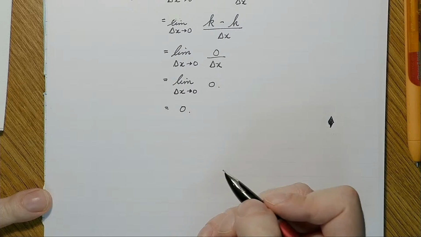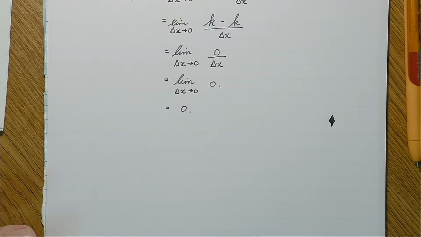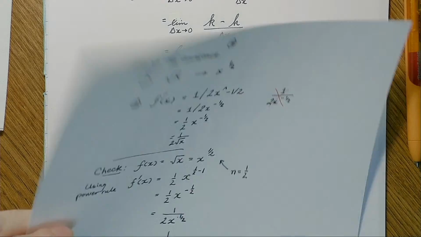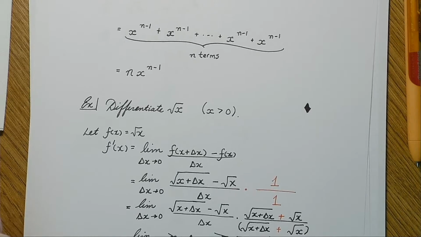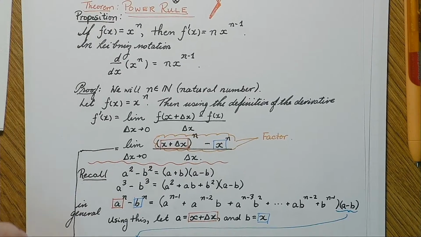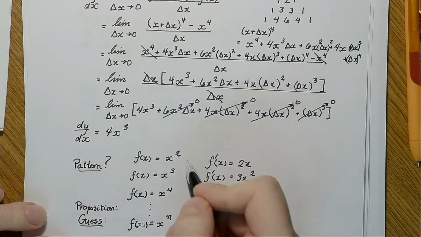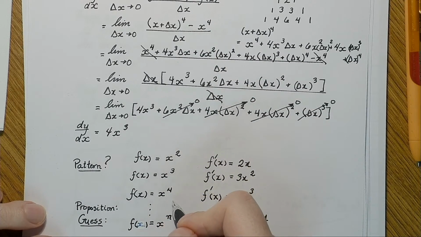Okay. So we were able to do functions like the square root, and we were able to do x squared, x cubed, x to the 4th.